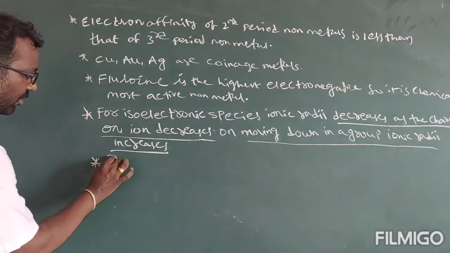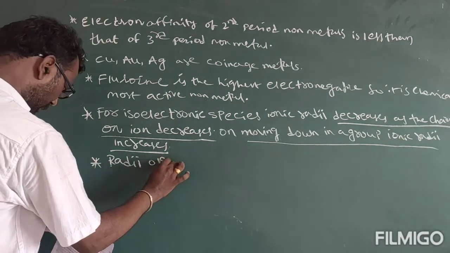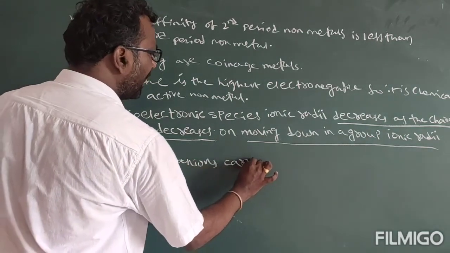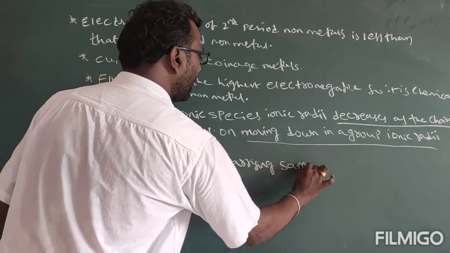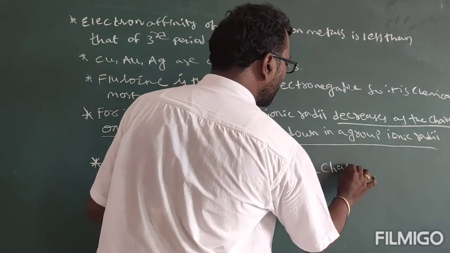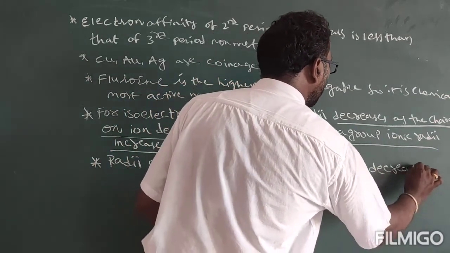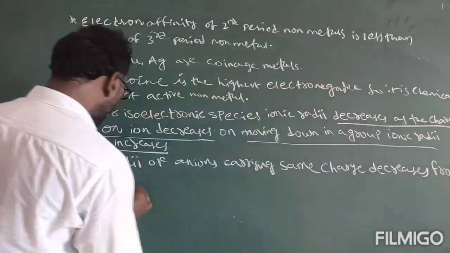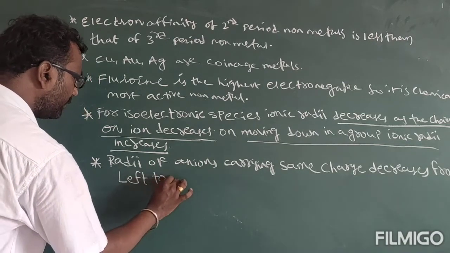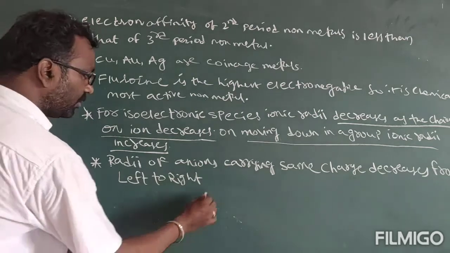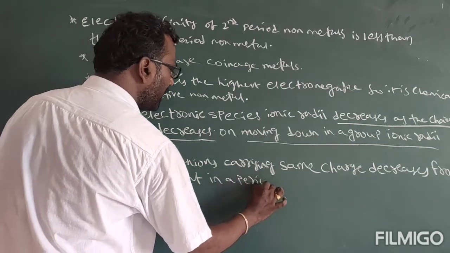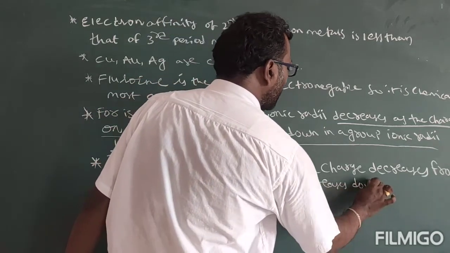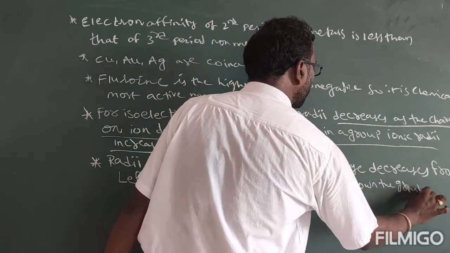And next, radii of anions carrying the same charge decrease from left to right in a period and increase down the group.